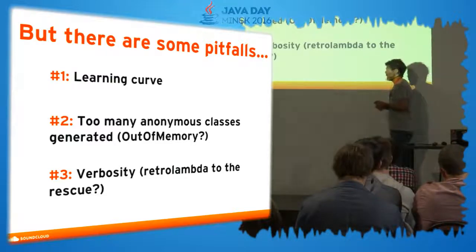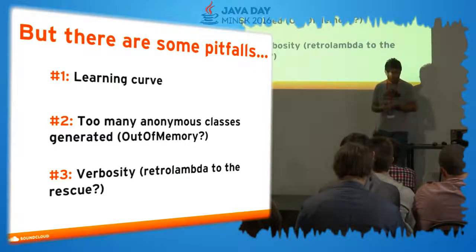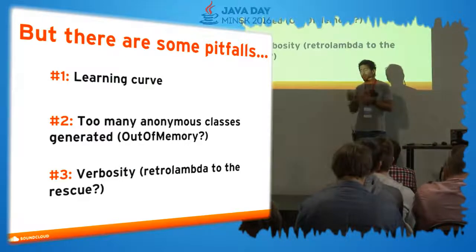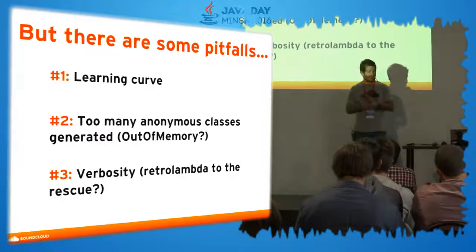There is another thing, and it has to do with Java 7, unfortunately. It is a little bit verbose, especially when we need to apply some kind of function to our stream of data. We cannot use lambdas, for example, on Android now.